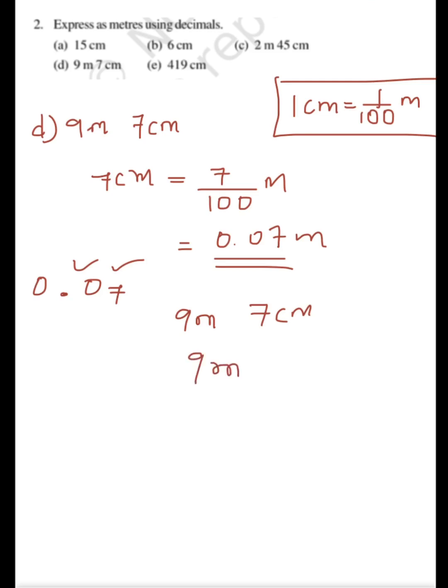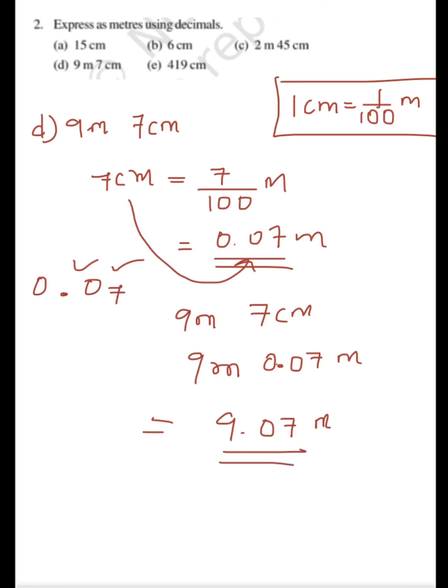That means 9 meter and 7 centimeter we have converted to meter as 0.07 meter. So in total you can write it as what? 9.07 meter. Okay. So that's the answer for D.